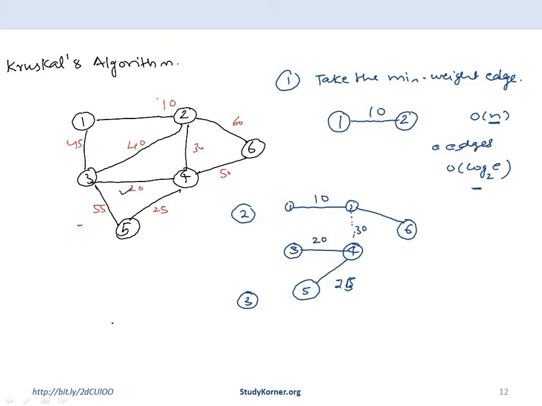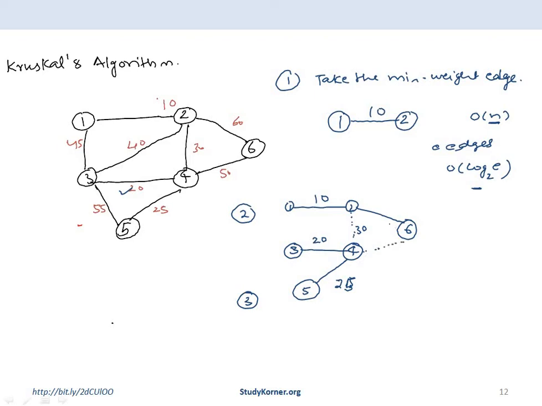So this edge weight is 60. Now you can see that to reach node 6, I have two possibilities: either I go from 4 to 6, or I go from 2 to 6.